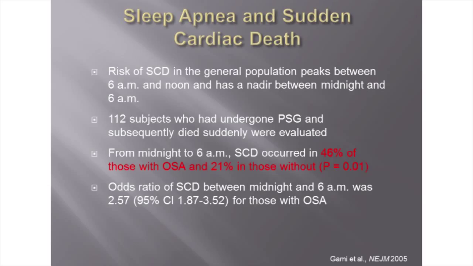I mentioned earlier that sleep apnea is associated with sudden cardiac death, and the number I already showed you is that from midnight to 6 a.m., a sudden cardiac death occurred in 46% of patients that had obstructive sleep apnea, and in less than half of those that did not.